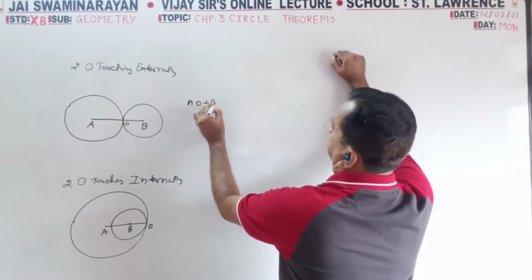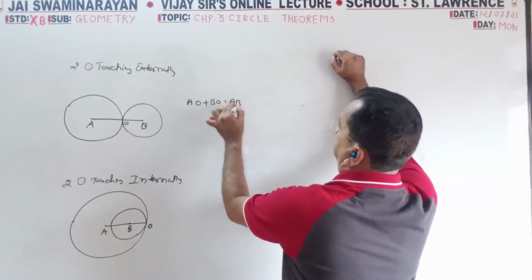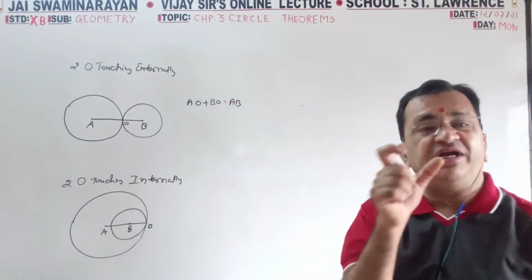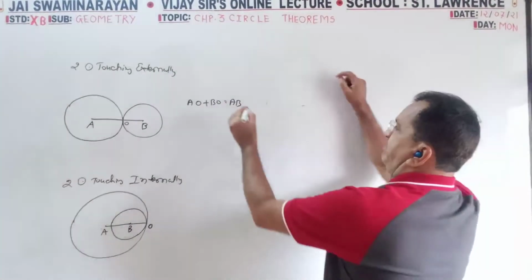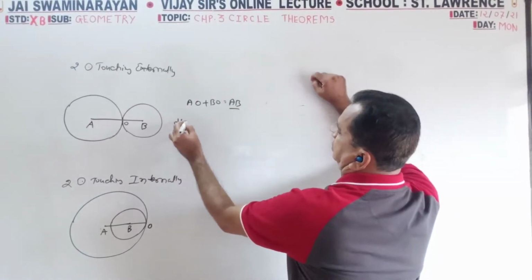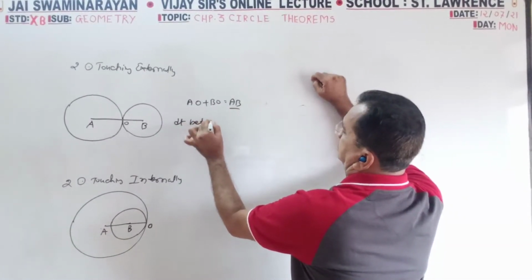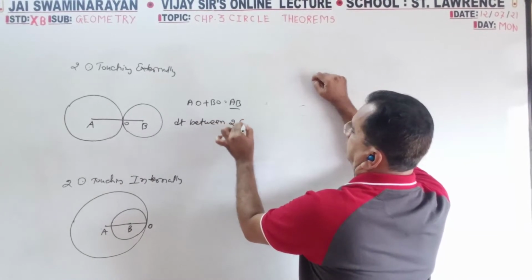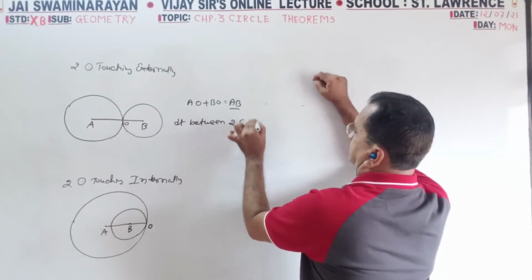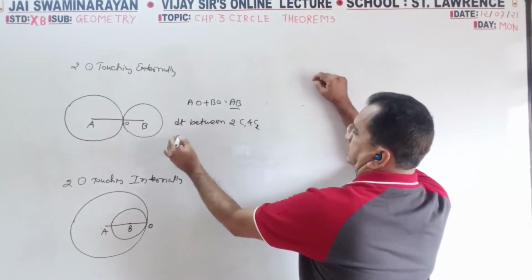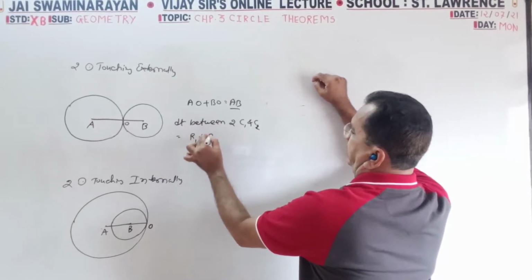Here AO plus BO is equal to AB. AB means the distance between two centers, which is equal to radius 1 plus radius 2. In the same way, the distance between two centers is equal to radius 1 minus radius 2.